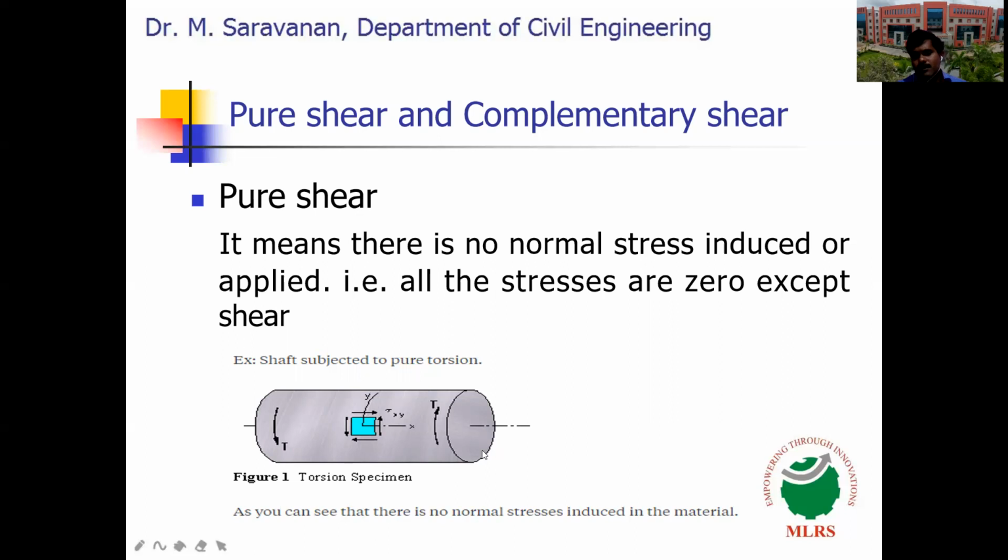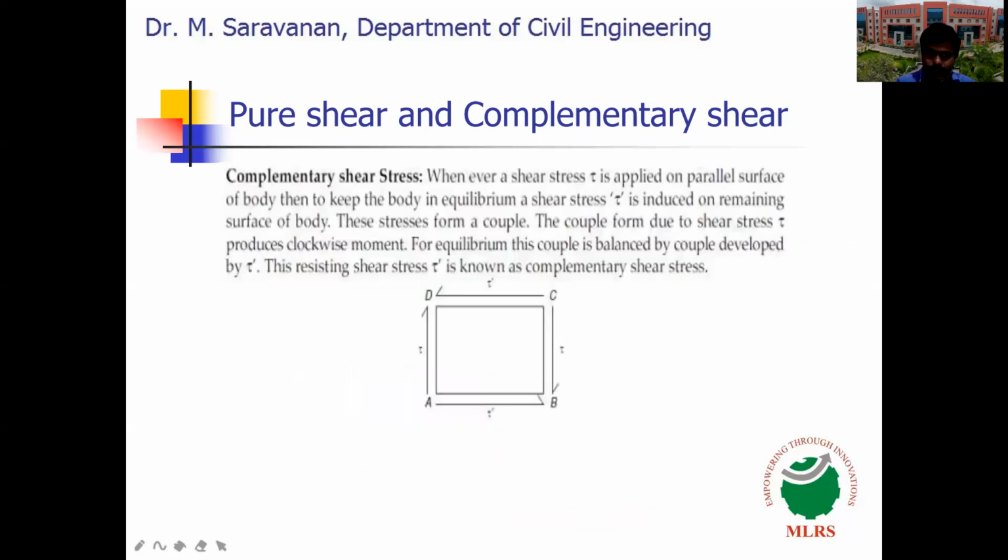Normal stress means, suppose this is the plane, and a perpendicular load acts on it, then you get normal stress. Here there is no normal load, only a parallel, tangential force, so you get only shear stress. Only shear stress without any normal stress induced in the body is called pure shear.